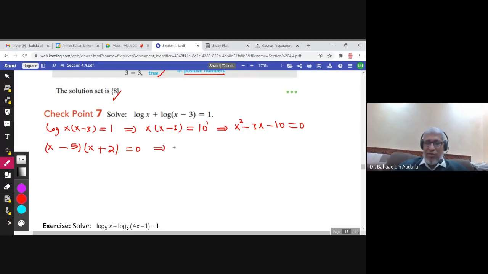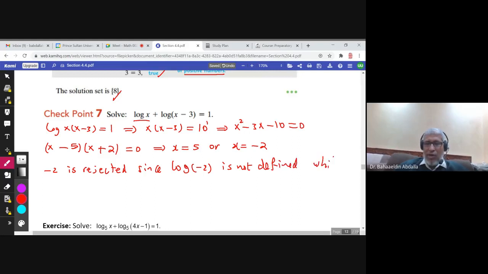So either x minus 5 is 0, which means x is 5, or x plus 2 is 0, which means x is -2. If you check -2, it's not accepted because of this. So -2 is rejected since log of -2 is not defined.